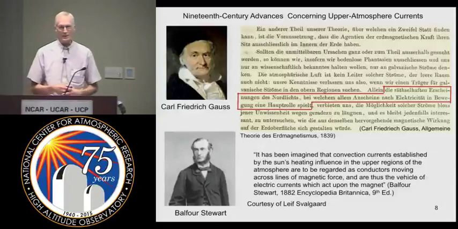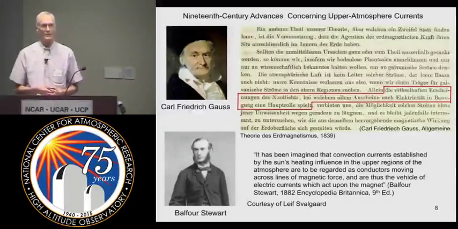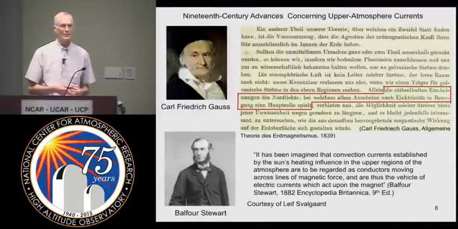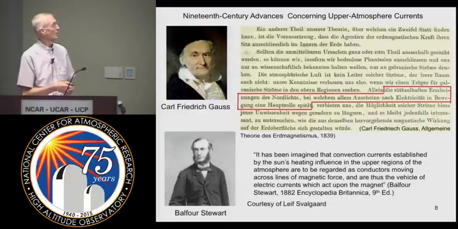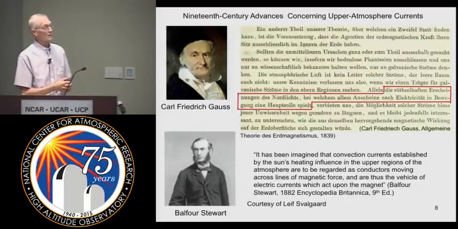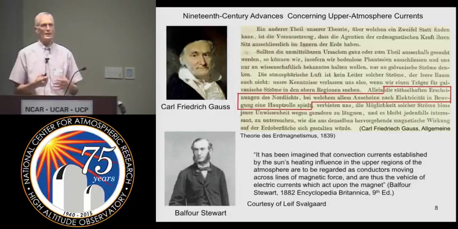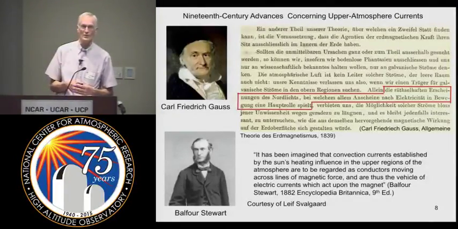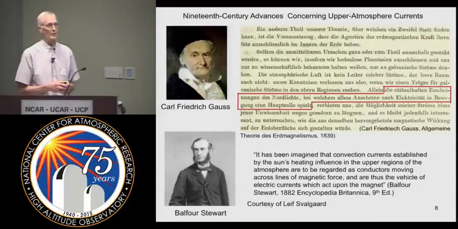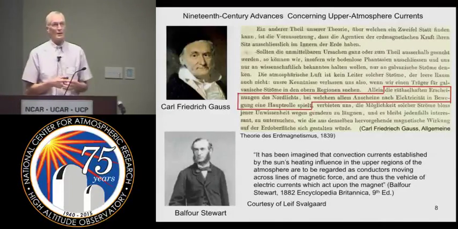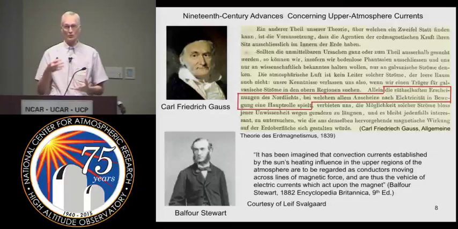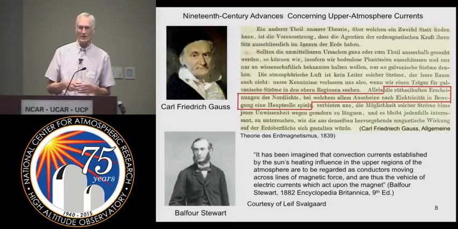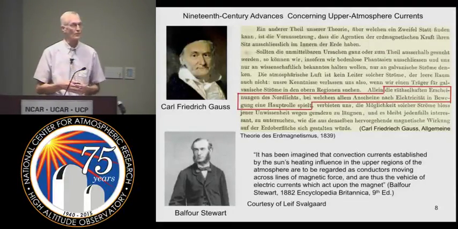In the 19th century, there were further advances in the understanding of the electrical properties of the upper atmosphere. Gauss did analyze magnetic data from all over the Earth, and he believed that the primary source of magnetic field variations was inside the Earth, because the data were not sufficient really to determine, although he developed a theory for how one could determine how much of the field is outside and how much is coming from inside the Earth.